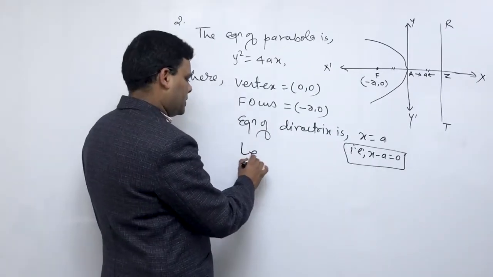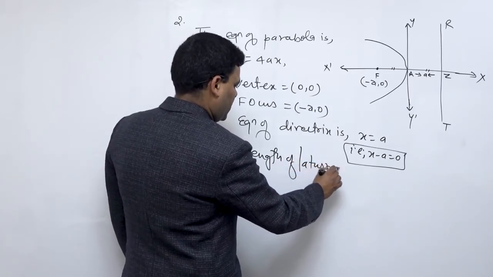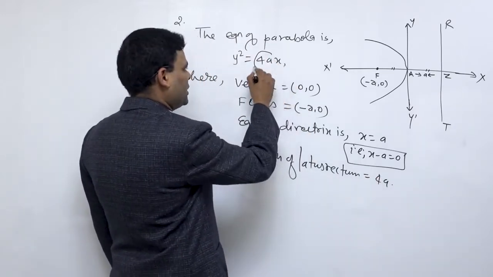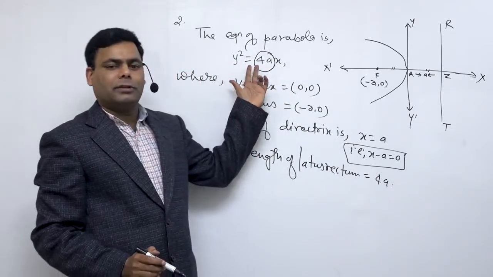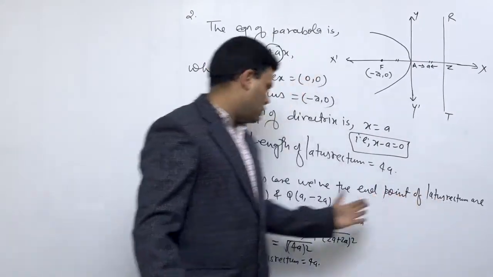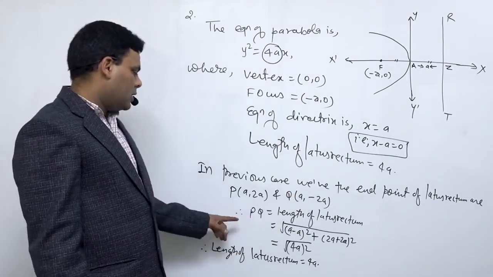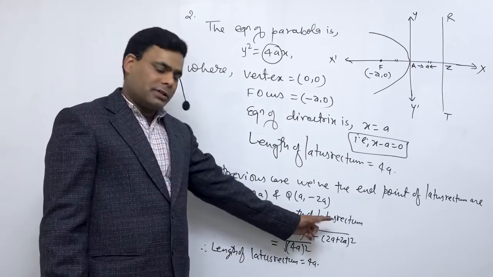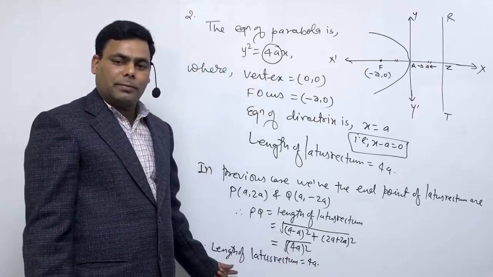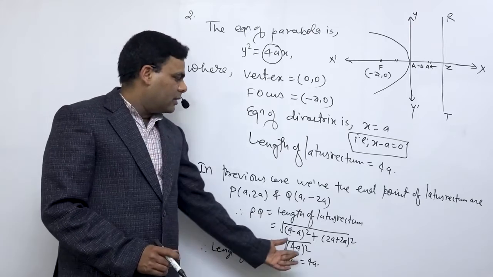And the length of latus rectum equals to 4a. In general, the coefficient of x represents the length of latus rectum. We have the endpoints of the latus rectum PQ as P a comma 2a and Q a comma minus 2a. So PQ equals the length of latus rectum, and by the distance formula PQ equals 4a, that is, the length of latus rectum for a parabola y square equals to 4ax is 4a.